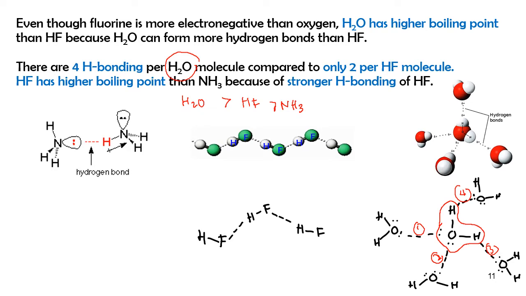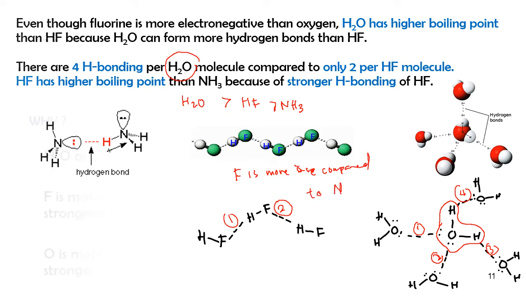Okay, so for HF you only have 1, 2 hydrogen bonds. And in addition, fluorine is more electronegative compared to nitrogen.